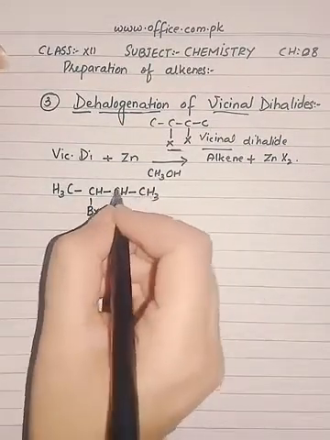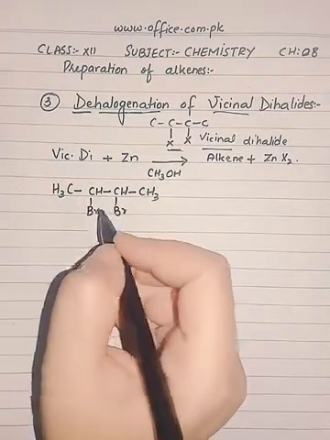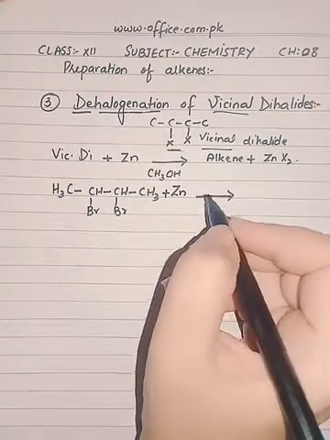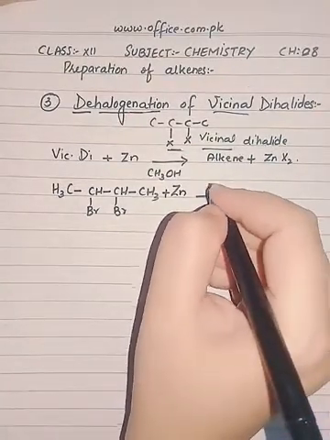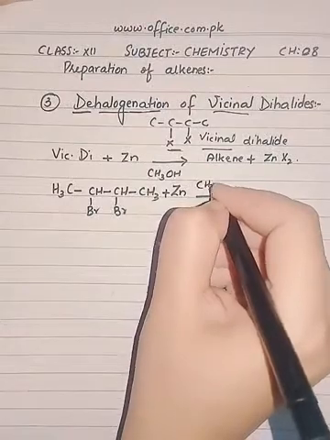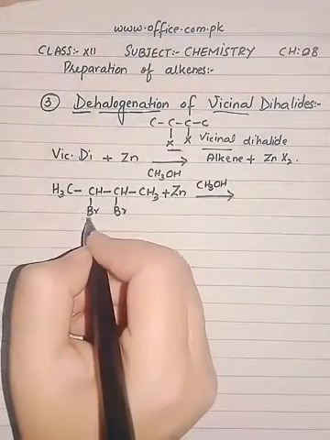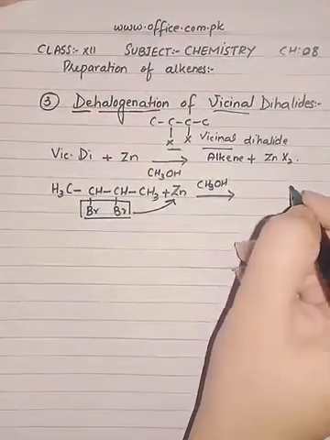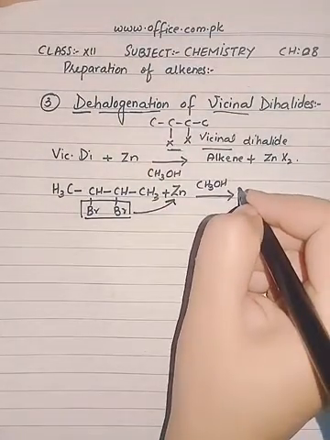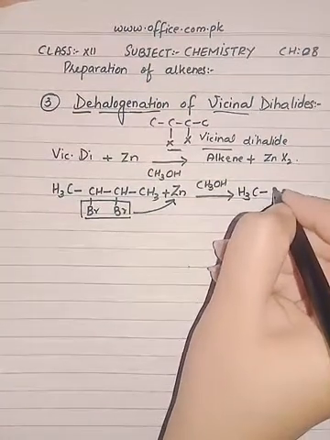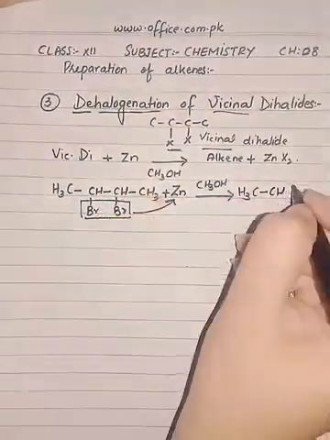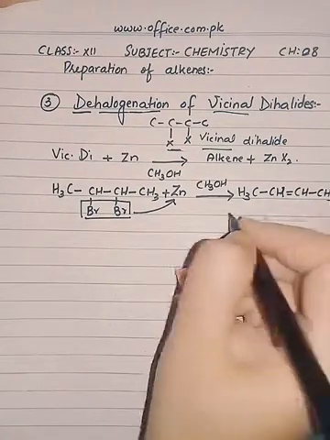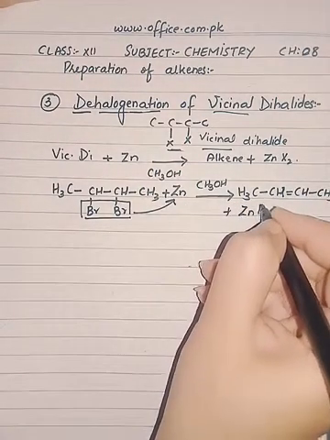Now this is a vicinal dibromide. We will react it with zinc in the presence of methyl alcohol. Both the bromine atoms will join zinc and the bond will become free, plus this zinc bromide.